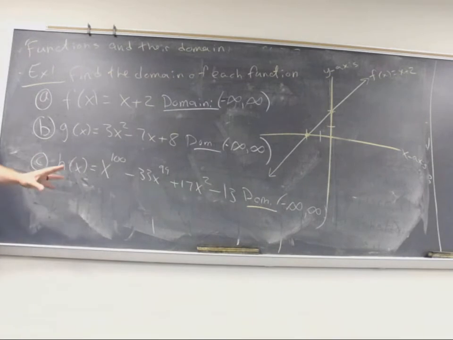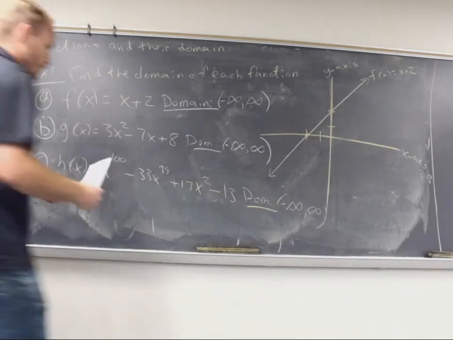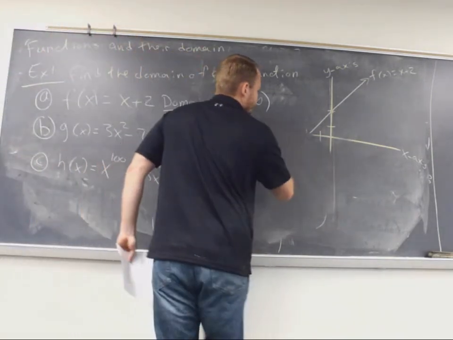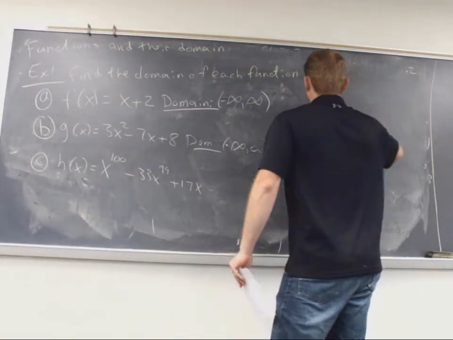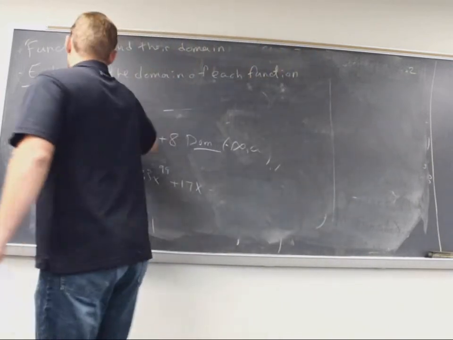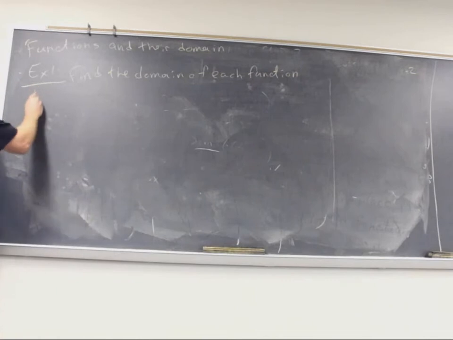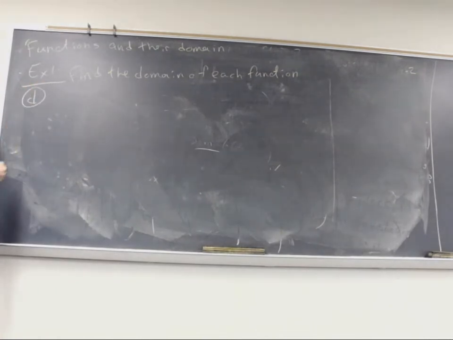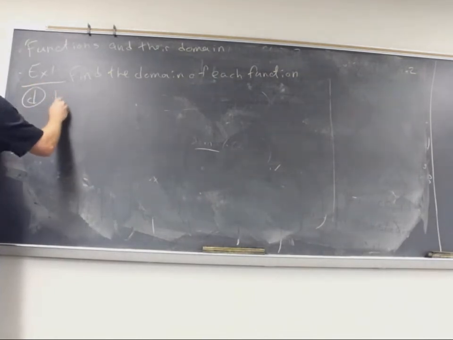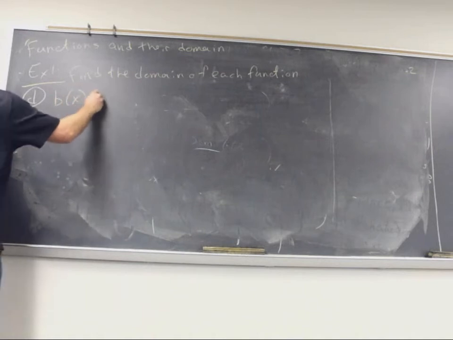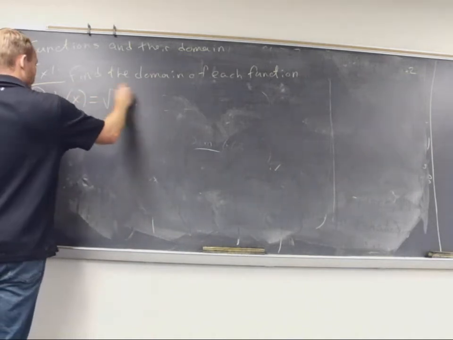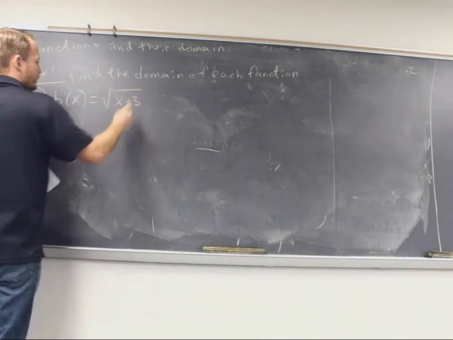All right, so this is the easy one, and I want to get into now some that involve a little more math to figure out. So let's say we have b of x is equal to the square root of x plus 3.